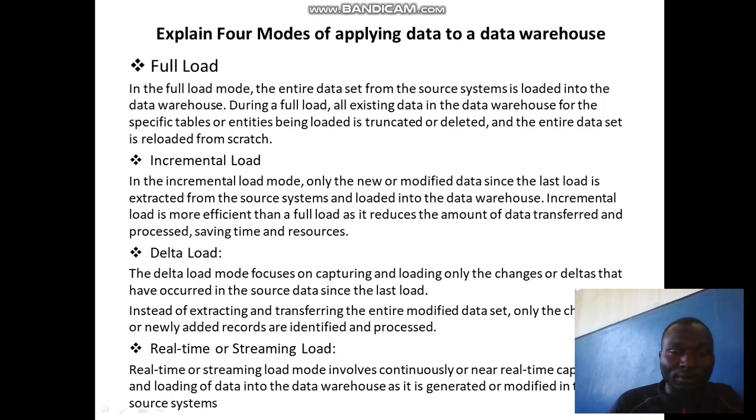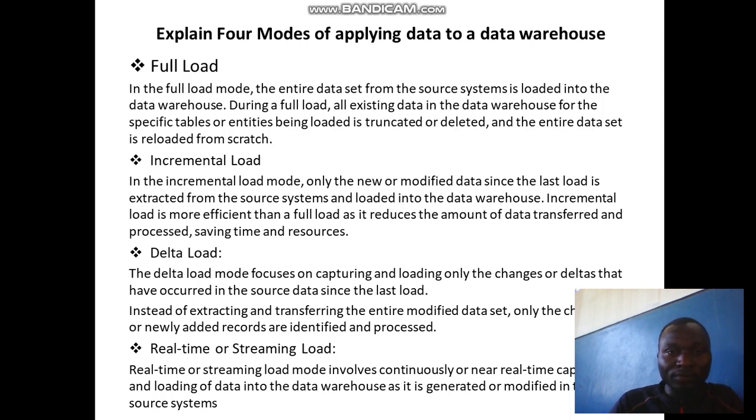Question number 3 was asking: explain 4 modes of applying data to a data warehouse. First mode is full load. In full load mode, the entire data set from the source system is loaded into the warehouse without leaving some data outside.